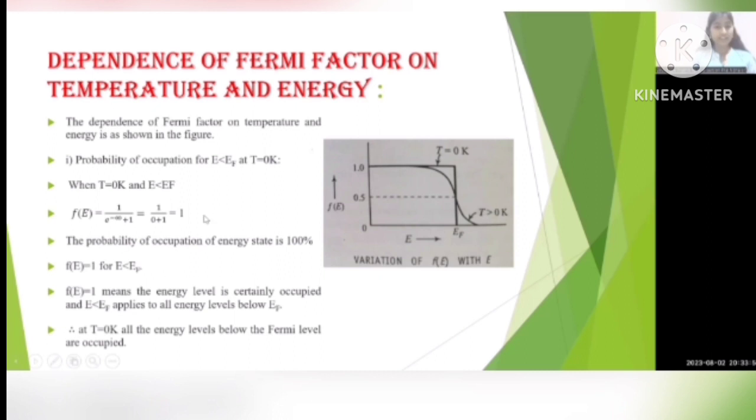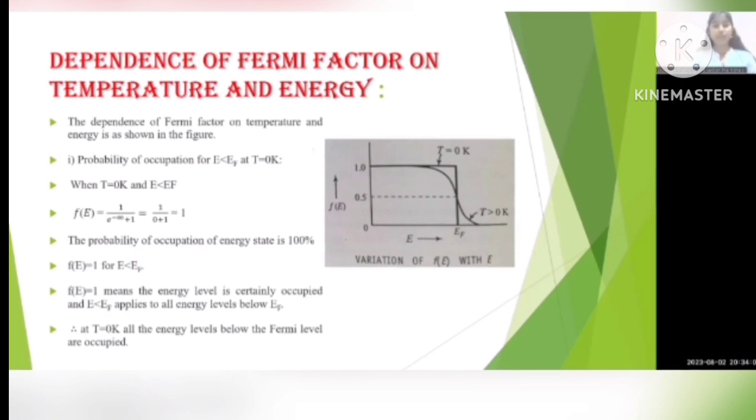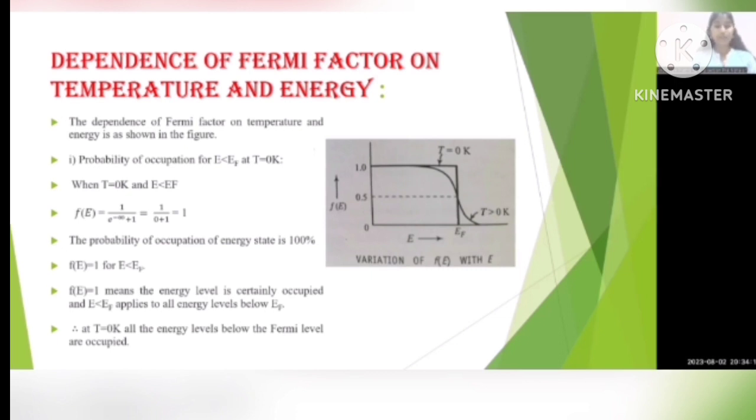For the given conditions, temperature equals 0 Kelvin and E is less than Ef, that means let us consider all the energy levels below the Fermi energy level, and calculate the probability of occupancy for those levels.